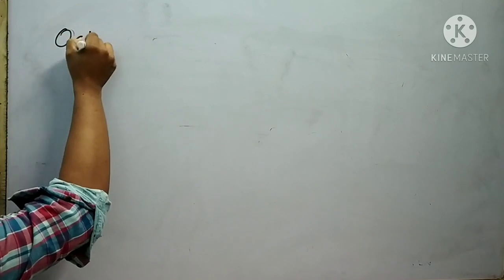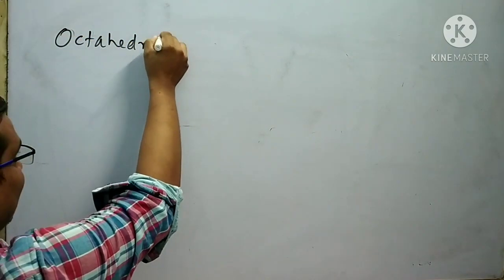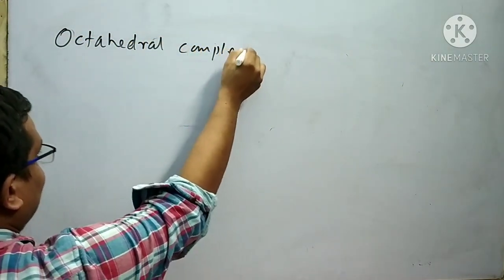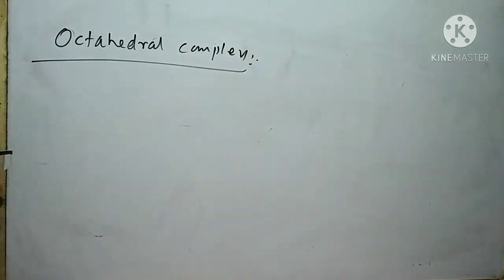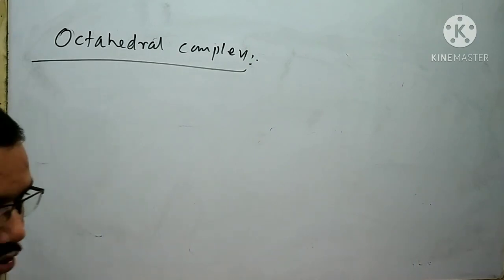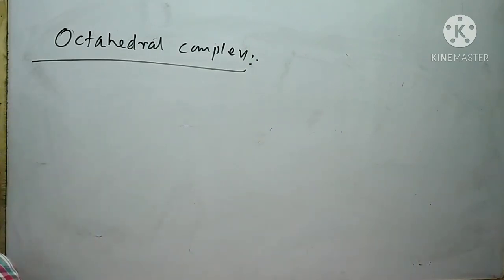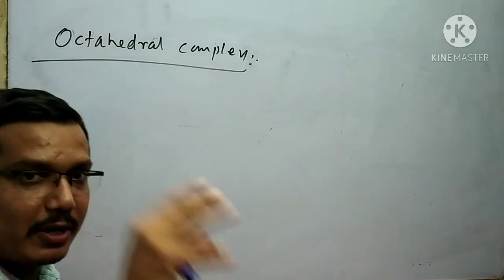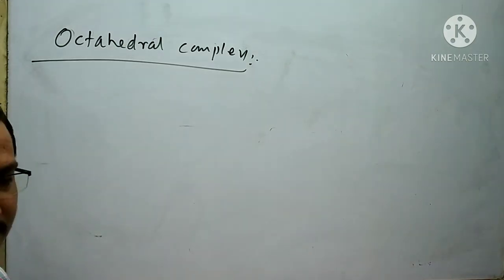Next I will explain the octahedral complex by the postulates of crystal field theory. For the formation of the octahedral complex, the ligands approach the central metal atom along the axis. So the orbitals present along the axis feel more repulsion by the ligands.